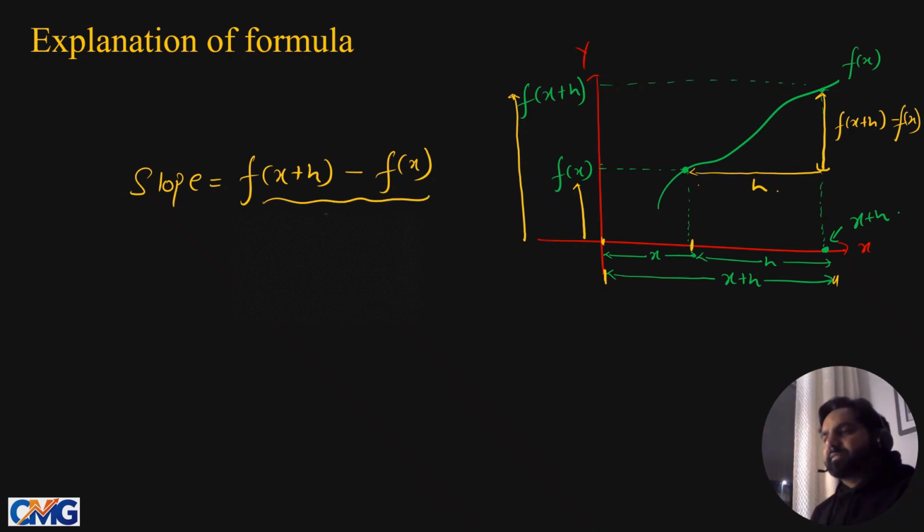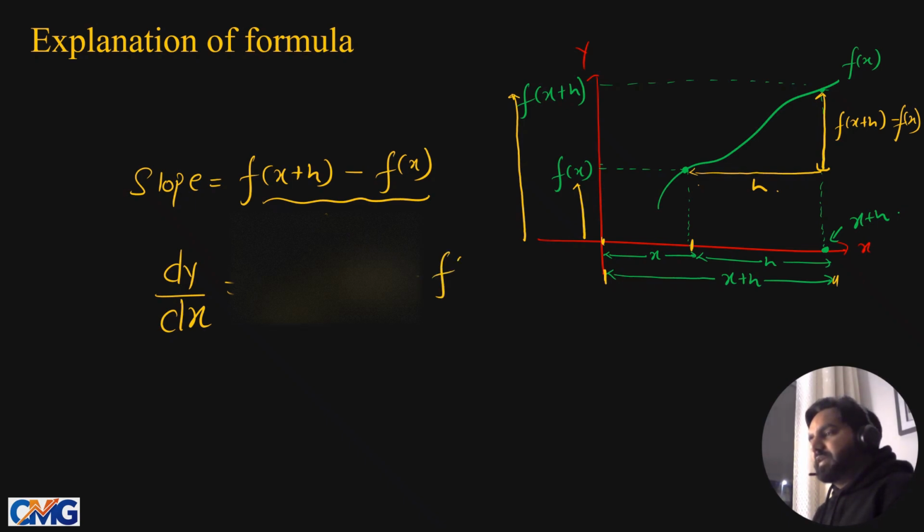Okay, and slope, in other terms, we call the slope as dy by dx. So change in y with respect to change in x, and that is f of x plus h minus f of x divided by h. Now this is for a very far distance. Let's suppose you are taking a very small distance. Assume this is a small change.